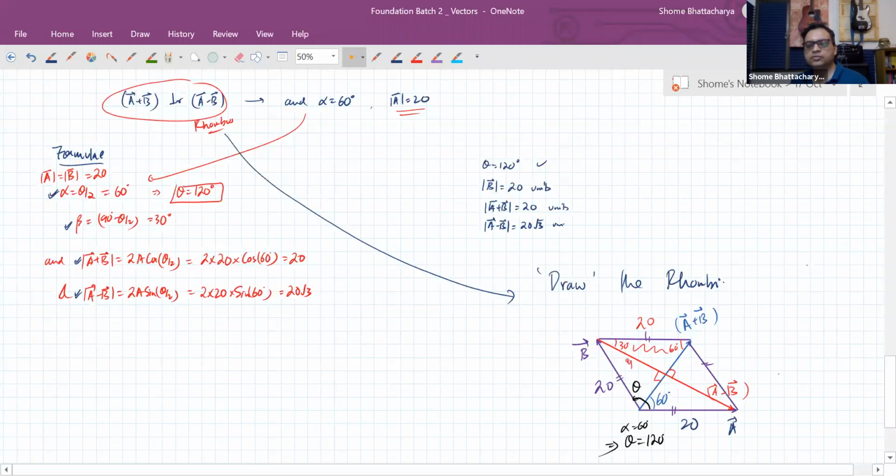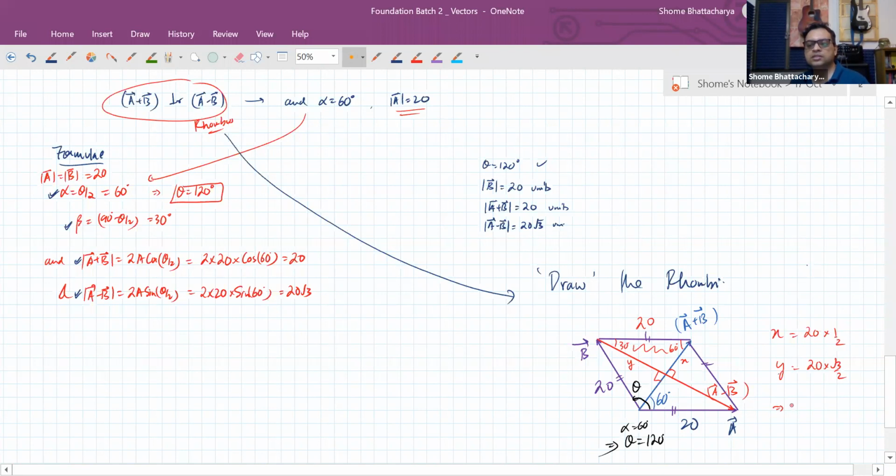So if this side is y and this side is x for this particular triangle, you can see that x is going to be 20 into half, because that angle is 60, and y is going to be 20 into root 3 by 2.